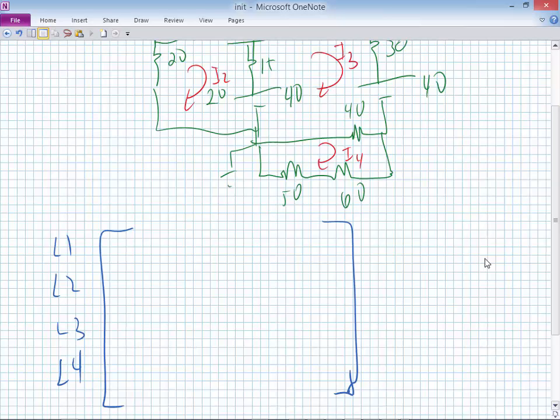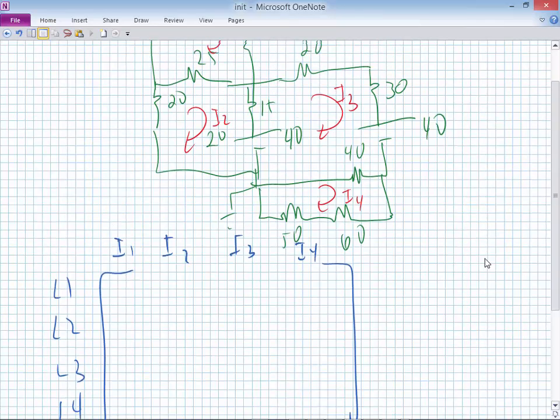So this first equation is what I would get when I go around loop 1. This is everything in loop 1 that I'm going to multiply times I1. This is everything in loop 1 I'm going to multiply times I2, I3, I4. So instead of writing the equations, I'm just going to look at the loop and fill in the data.